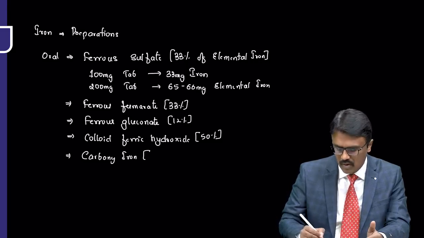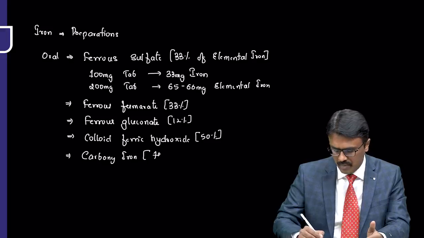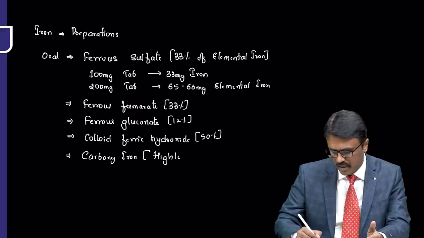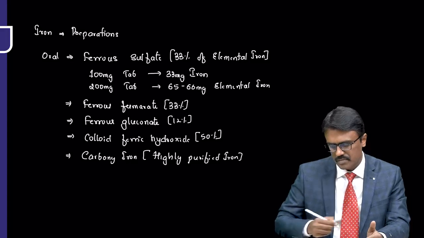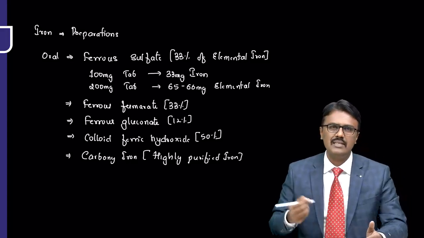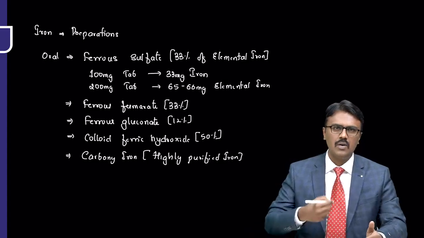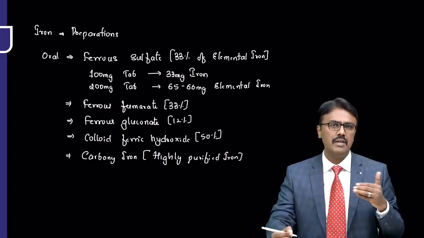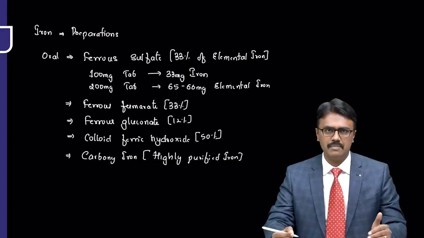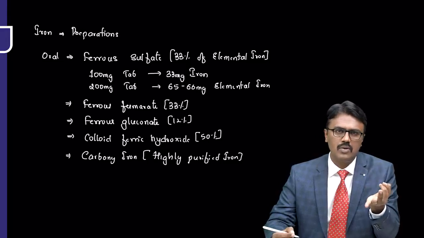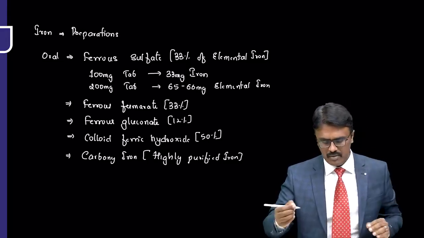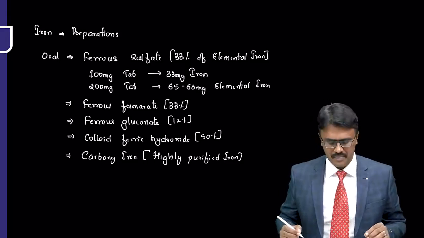It is a highly purified iron preparation, and its advantage is less gastric irritation. So these are the oral supplementations, given either as tablet or syrup: ferrous sulfate, fumarate, ferrous gluconate, colloid ferric hydroxide and carbonyl iron.